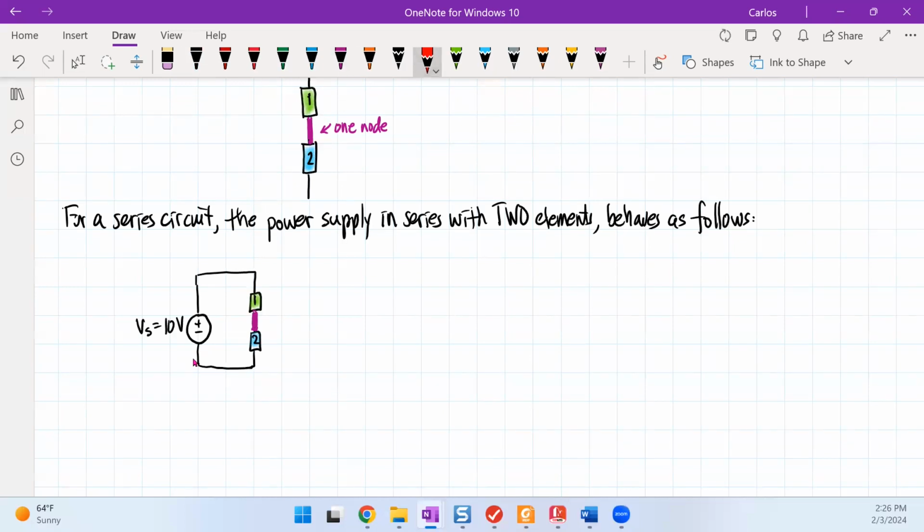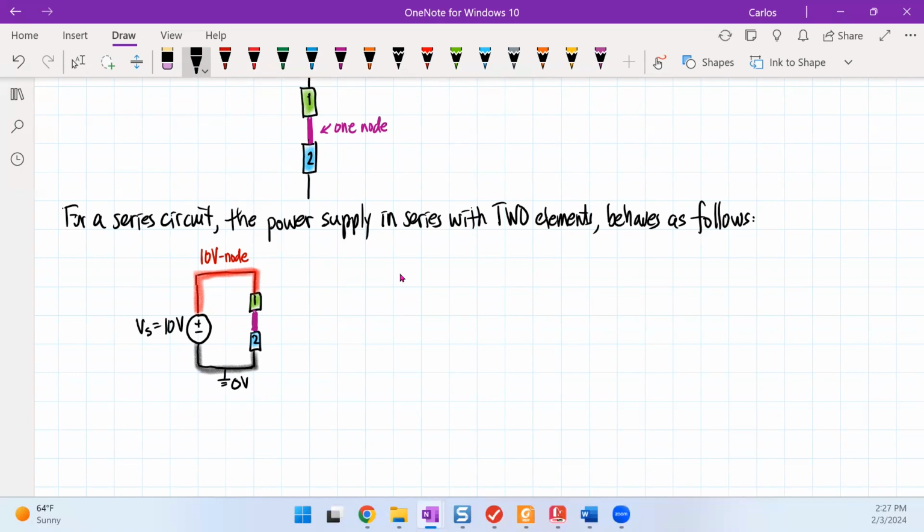So what do I see here? The first thing that I see is that I have an equipotential right here, and this equipotential is a 10-volt node. Since there must be a ground, then I could say that down here, this is my ground wire, and that means that right here, this is our 0 volt.